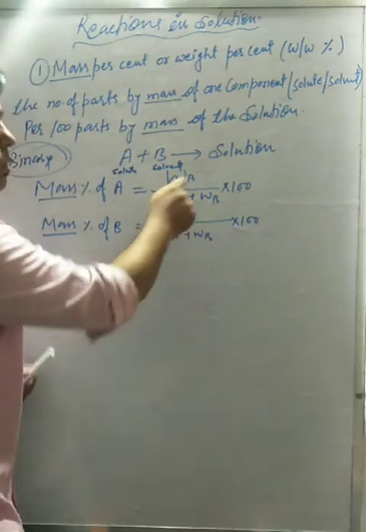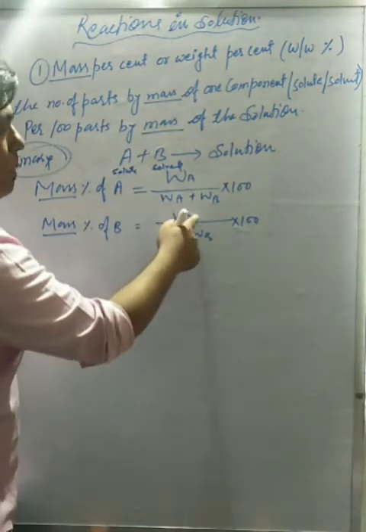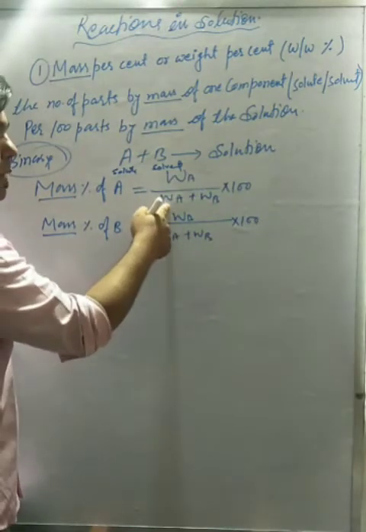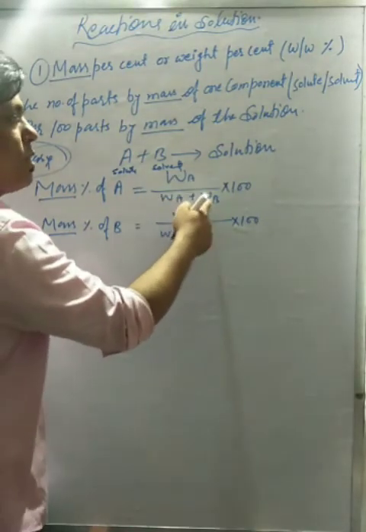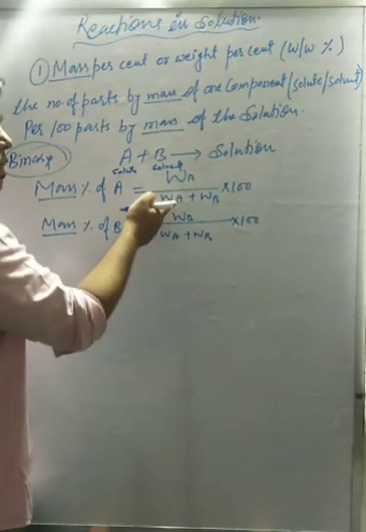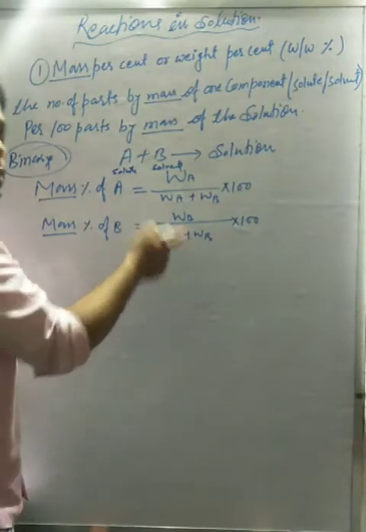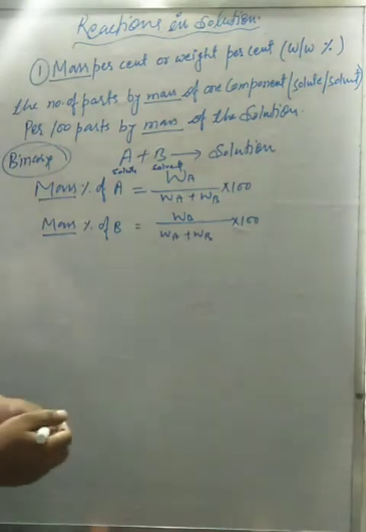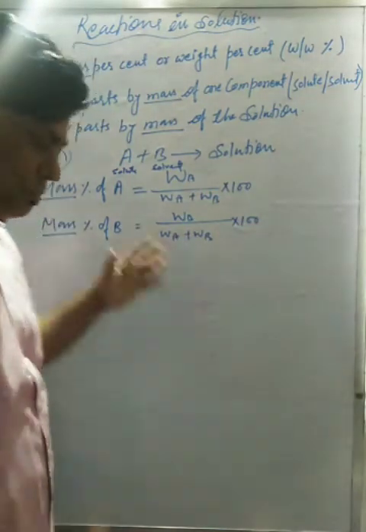A is for solute, B for solvent. Mass of A upon mass of A plus B, where mass of A plus B is equal to solution. Mass of that particular component upon mass of solution into 100, that is our mass percent or weight percent.